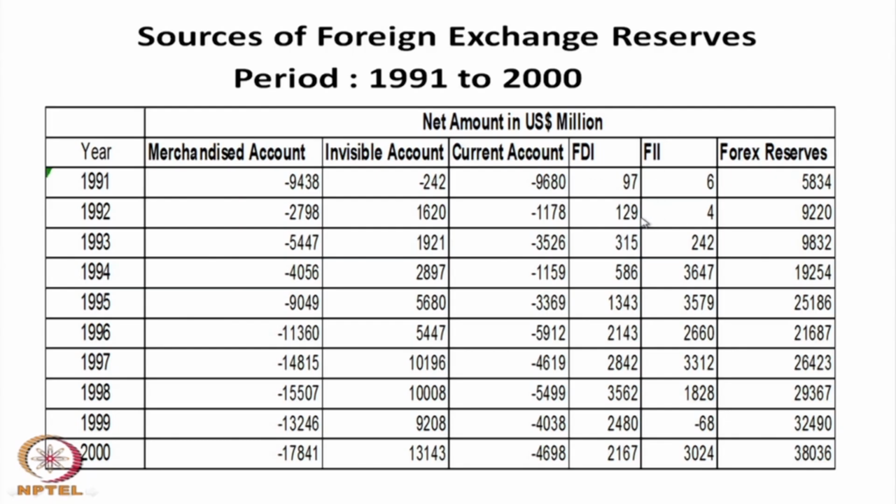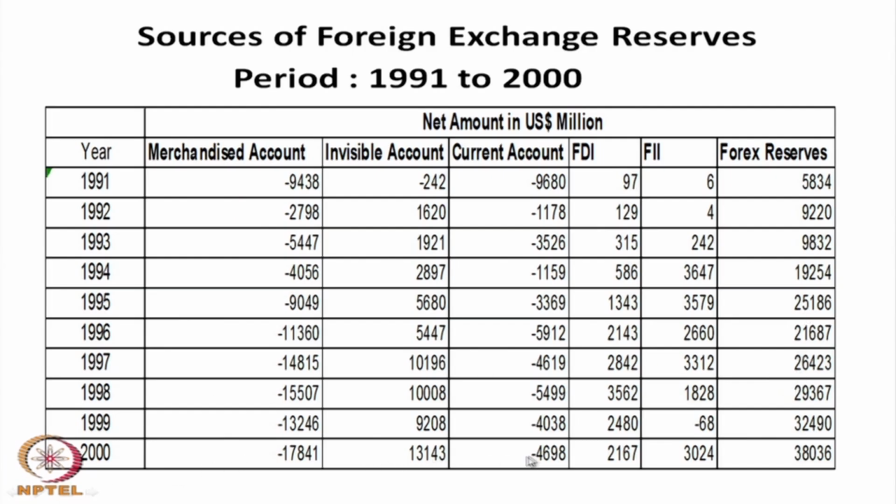We receive a significant amount of foreign direct investment and also foreign portfolio investment. In 93, 94 onwards, there has been significant growth in invisible, significant growth in FDI and also FII investment, and this has given impetus to our forex reserve, and forex reserve started increasing after 93, 94 onwards, and it has been so till 2000.